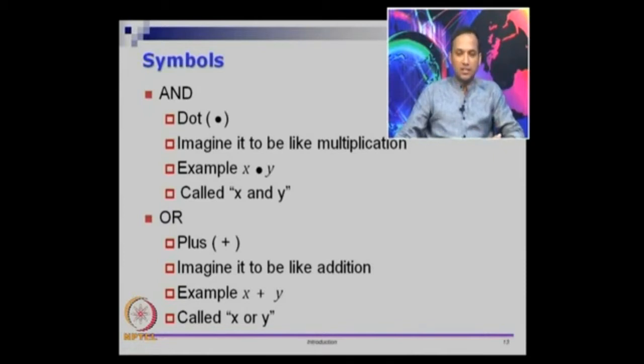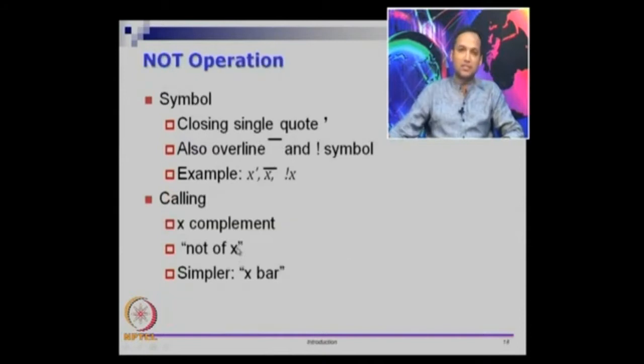So either it is 1 or another one, the output is still 1, it is not 2. So imagine it like addition, but it is not quite addition here. An example here is x plus y, which is read as x or y. Till you are comfortable with these notations, I suggest that you read it as and and or instead of the dot and plus symbols.